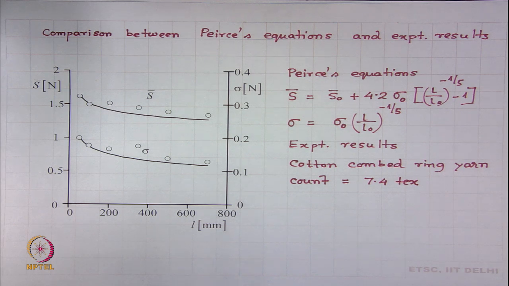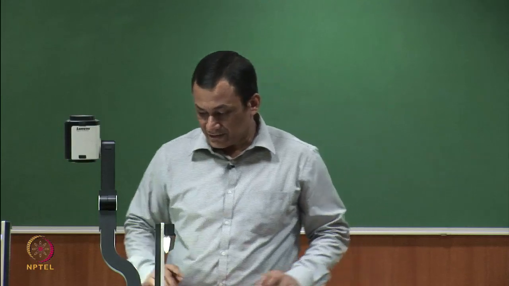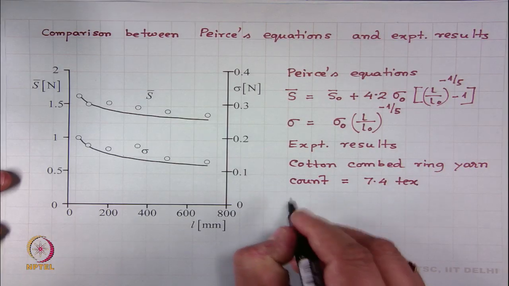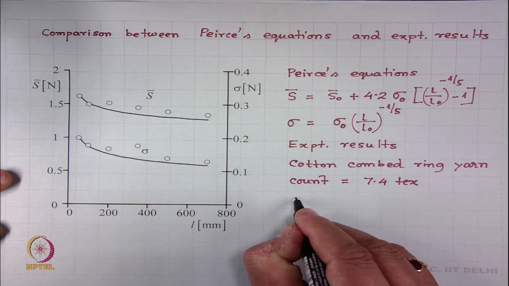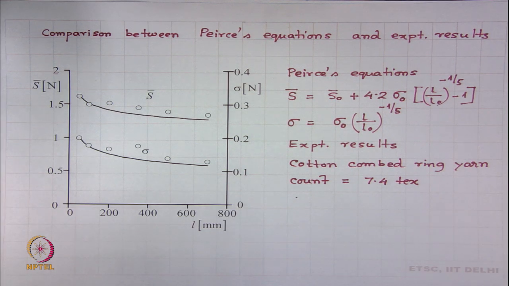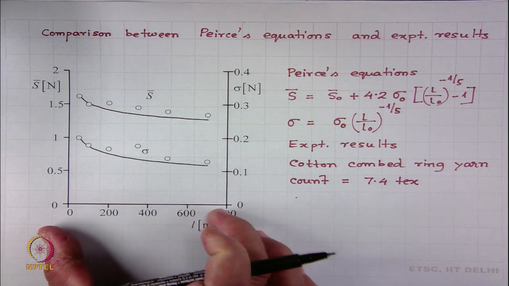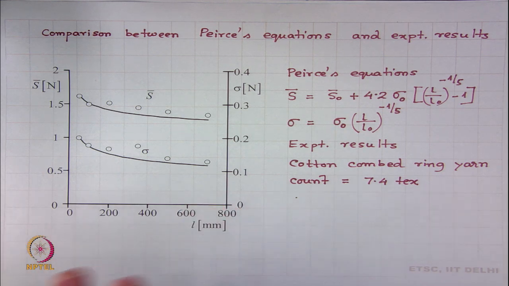For experimental verification purpose, this yarn was tested at different gauge lengths. And this graph compares the Peirce's equation with experimental results.